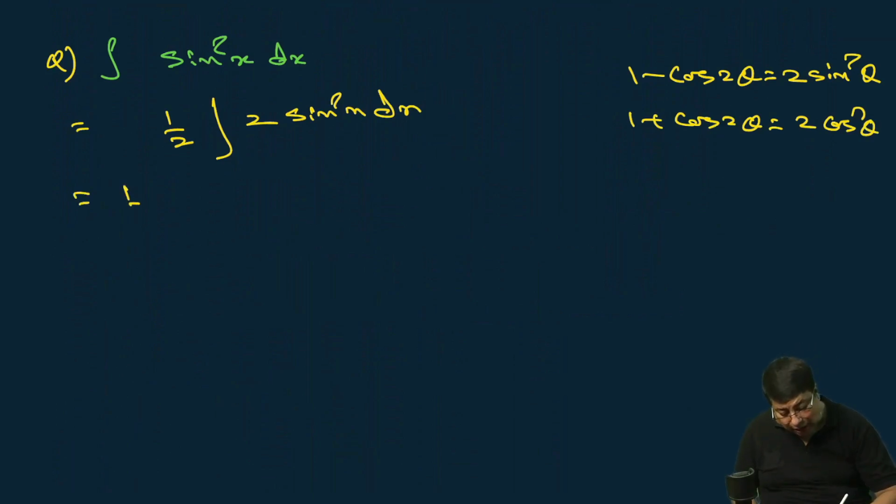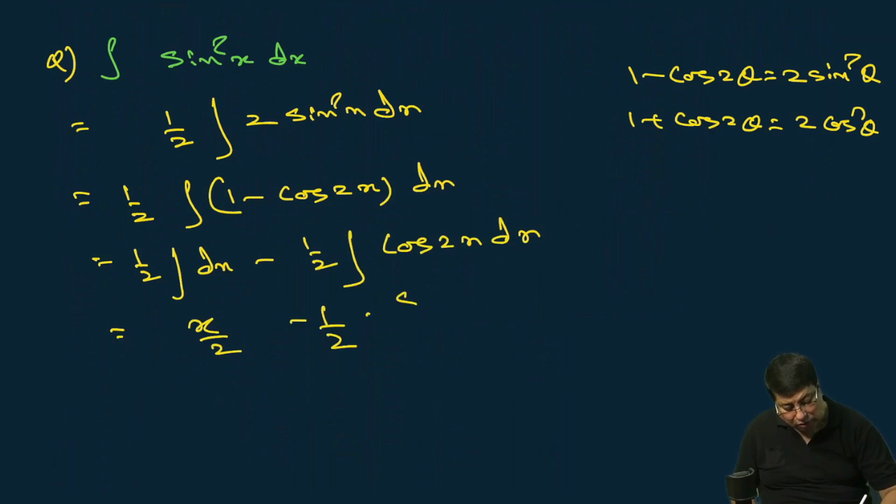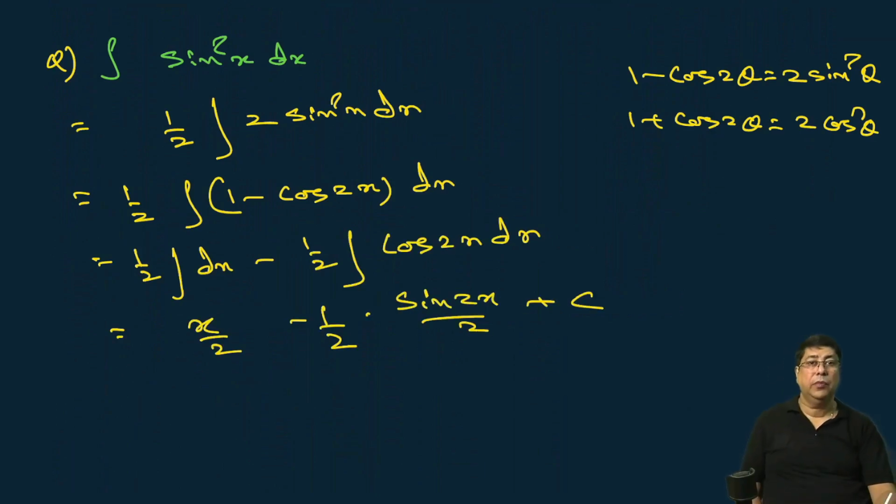So we can write here half, 2 sine square theta is 1 minus cos 2 theta. Now we can integrate half dx minus half cos 2x dx. So x by 2 minus half, integration of cos 2x is sine 2x by 2, plus c. And once again, c is called the integration constant.